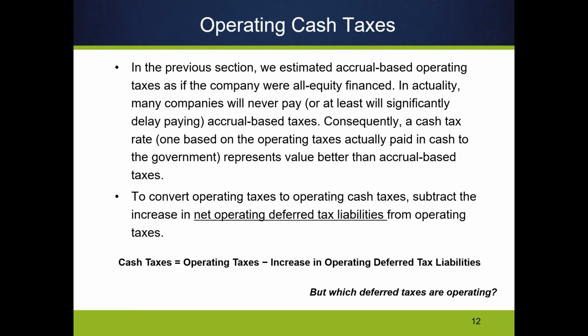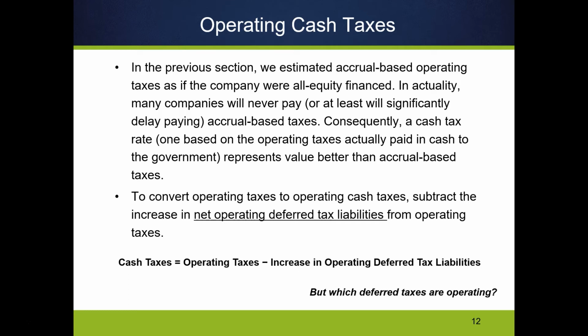And that's the difference between what we call accrual taxes and cash taxes. Cash taxes are the cash literally paid to the government. Accrual taxes are the taxes that we report that may or may not be inclusive of these deferred or accelerated tax options. Okay?